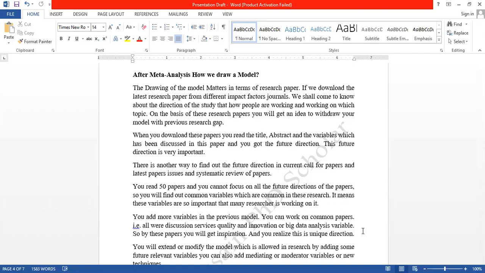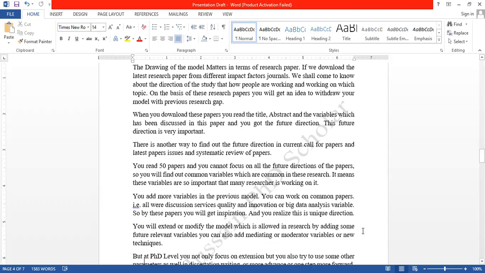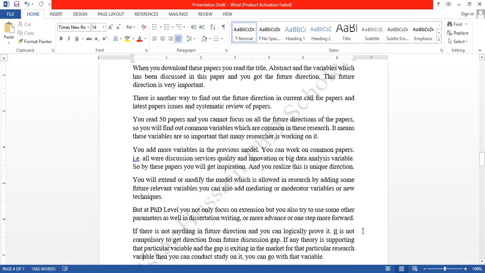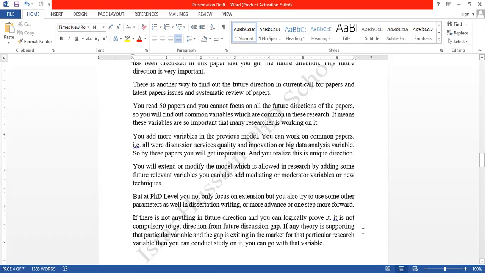So by these papers you will get inspiration, and you will realize this is a unique direction. So on that unique direction you can work. You will also extend or modify the model, which is allowed in a research paper, by adding some future relevant variables. You can also add mediating and moderating variables or new techniques.